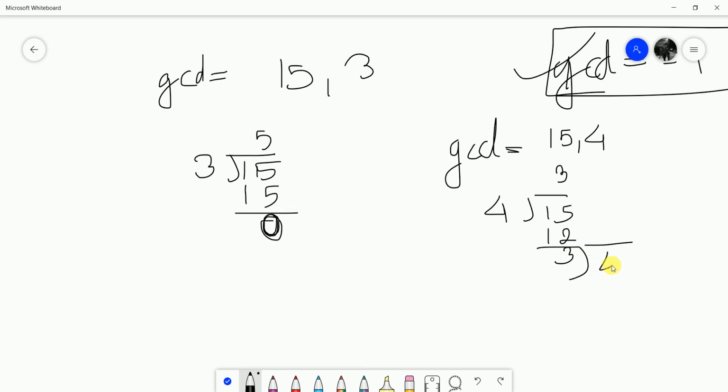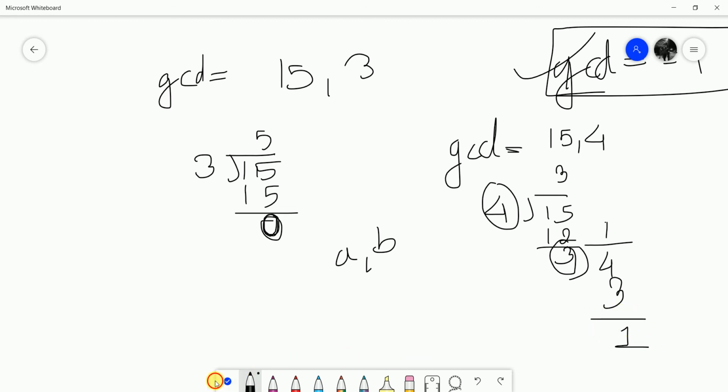Then we divide the previous divisor by this remainder. So this number is divided by the remainder of initial a and b. The remainder was 3, so we divide 4 by 3 now. This comes out to be 3 ones are 3, so the remainder is now 1. Fine.